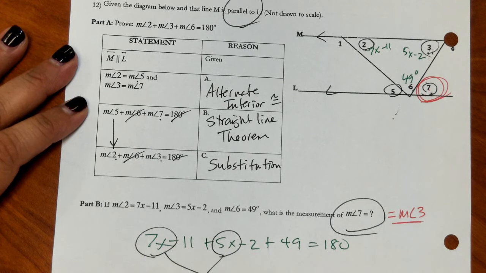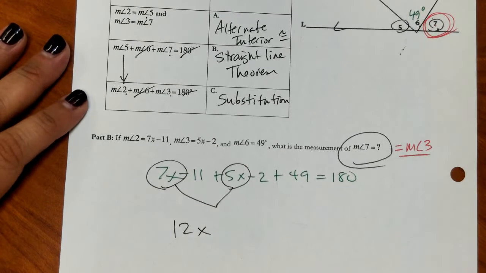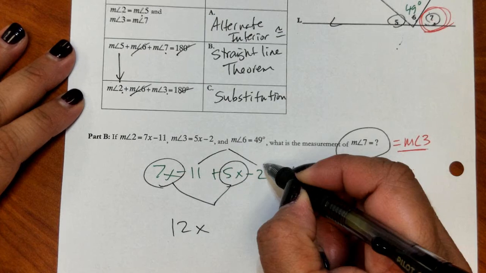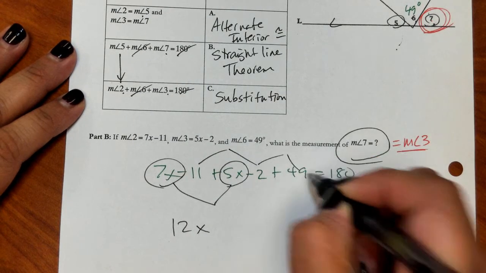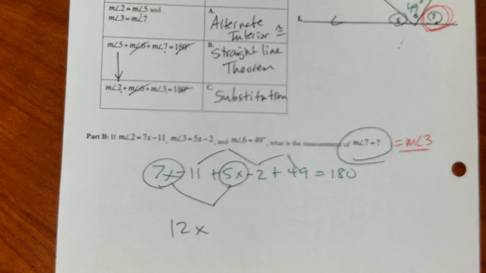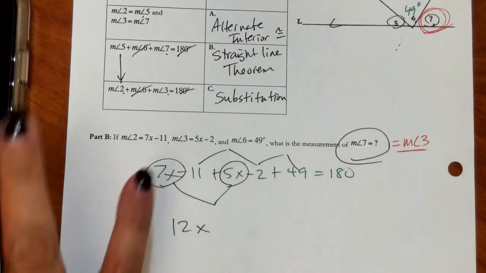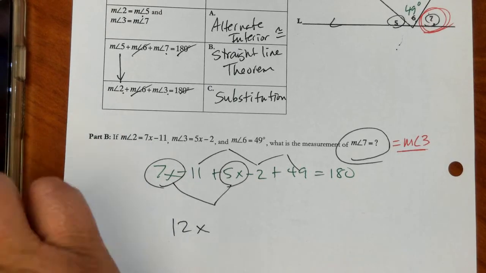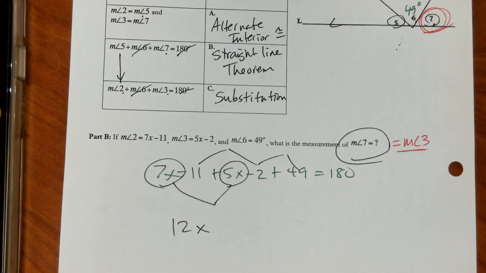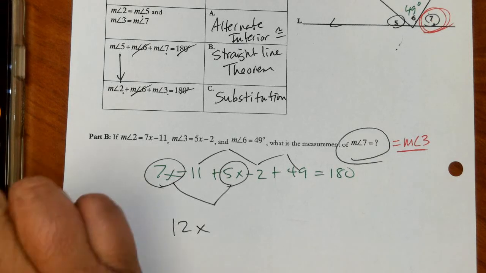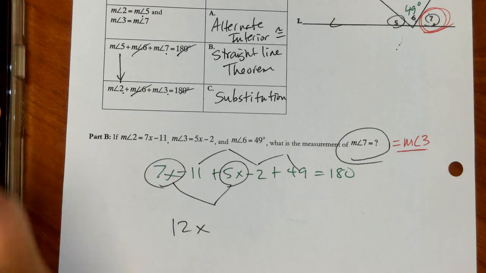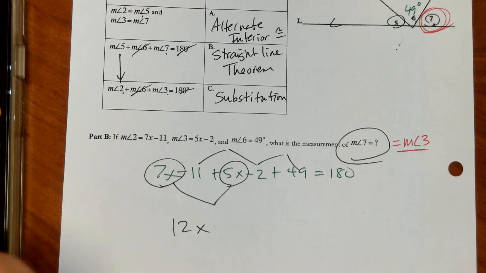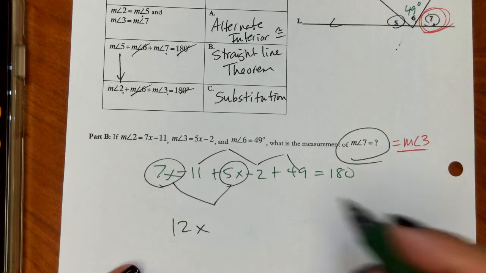These two make 12x. Then we're going to combine minus 11, minus 2, and the 49. I actually need to take out my calculator. We got 49, subtract 2, subtract 11, and we get 62.